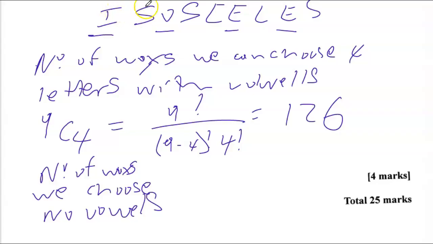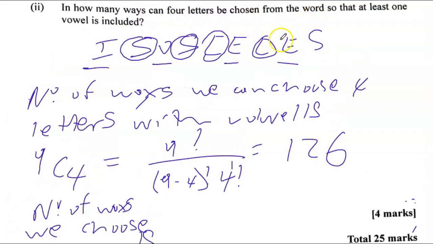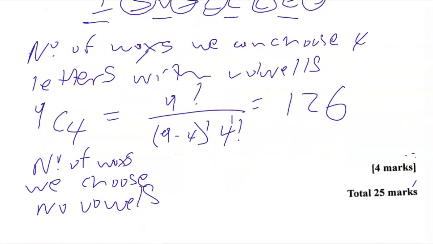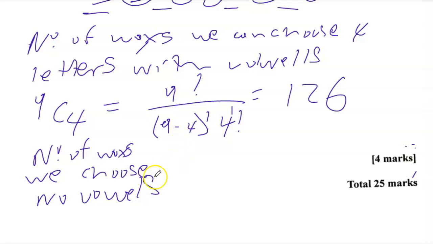The consonants here are S and S, that's 2 of them, C is another one, that's 3 consonants so far, and we have L and S, so we have 5 consonants. To choose no vowel, we have to choose from these 5 consonants. We're choosing 4, and of course none of these 4 will be vowels. So 5 choose 4 is just 5.